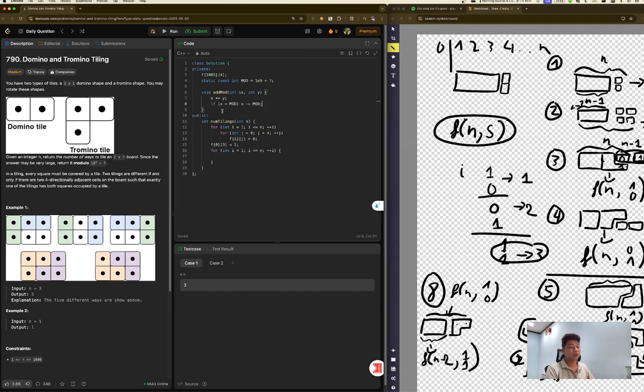Because it's reusable, and subtraction is faster than the mod operator, because the mod operator is really slower than addition and subtraction.